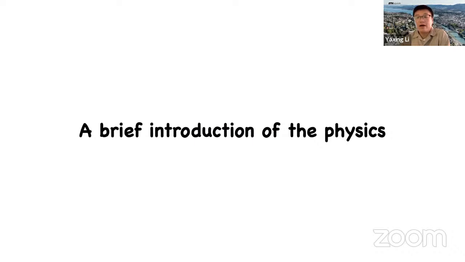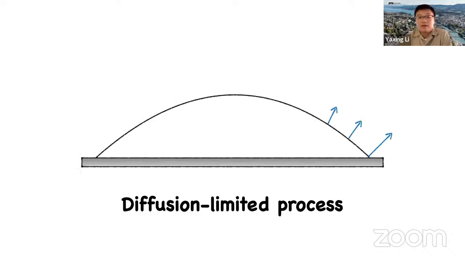And before I go to my work, I would like to give a very brief introduction of the topic because our audience is pretty broad. So probably not everyone is very familiar with this topic. A typical droplet, for example, this is a sessile droplet sitting on a solid substrate. A typical droplet evaporating into air is a diffusion-limited process.